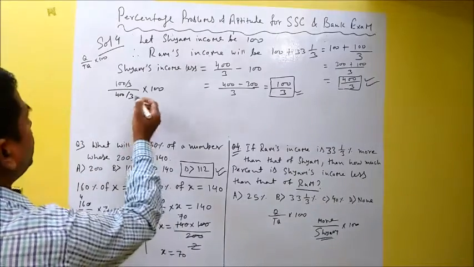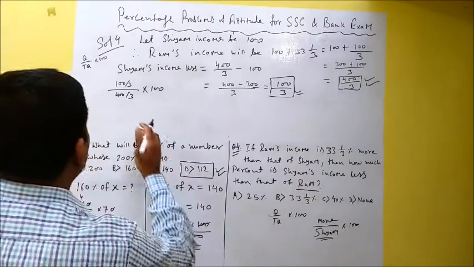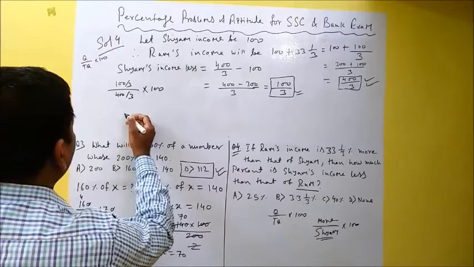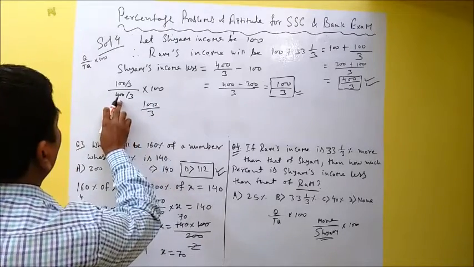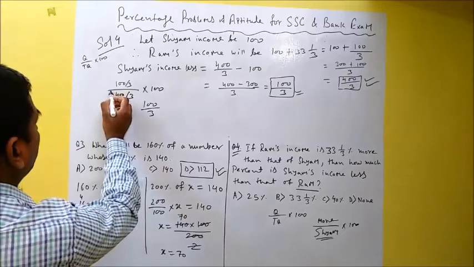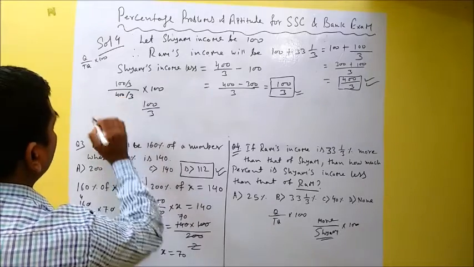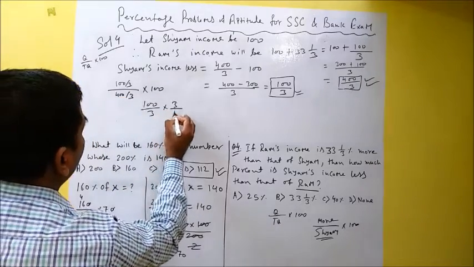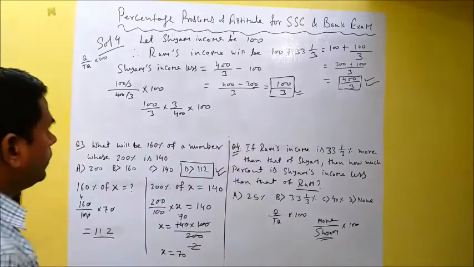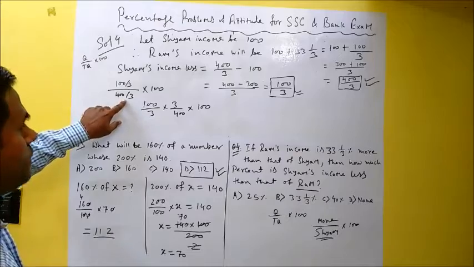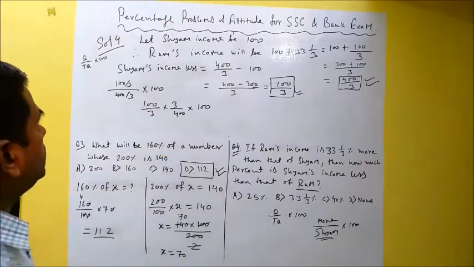Okay, so now if we solve this, we will get the answer. 100 by 3 is a fraction, so this becomes 3 upon 400 multiplied with 100. Upon removing this, the fraction reverses.